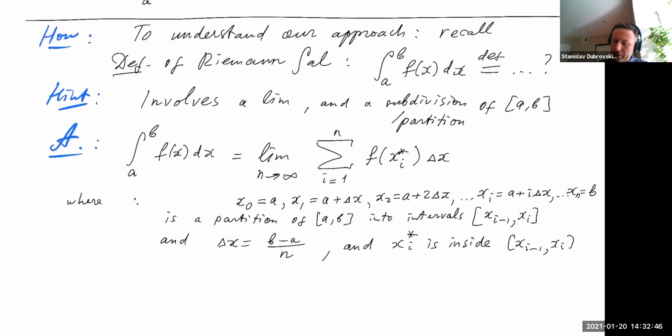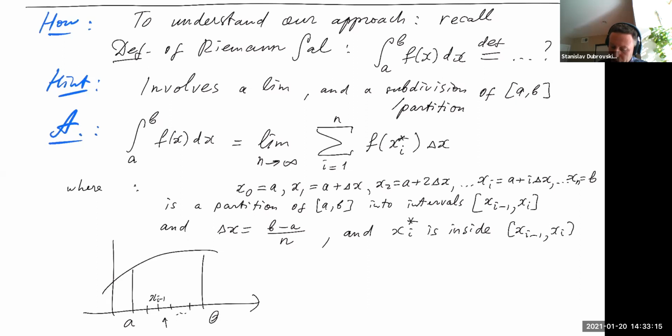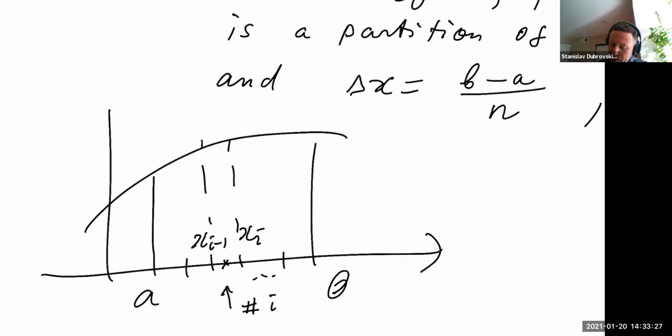So maybe before we move on, a quick graphic of what we are doing here is just take the graph of the function, let's say from a to b, divide it into n subdivisions, and on the subdivision number i, which lasts from x sub i minus 1 until x sub i, the ith subdivision, we will pick some value of x inside, and we'll call it xi superstar.